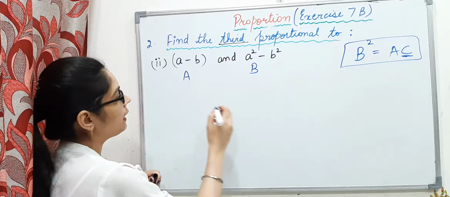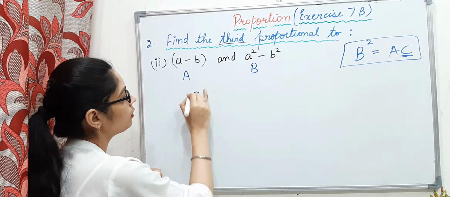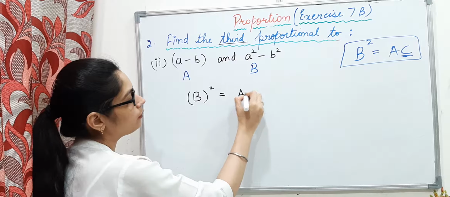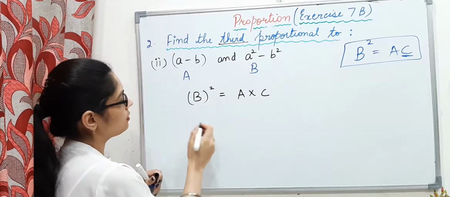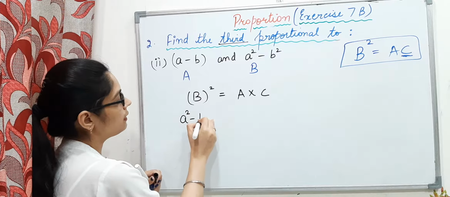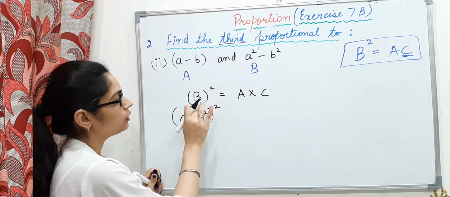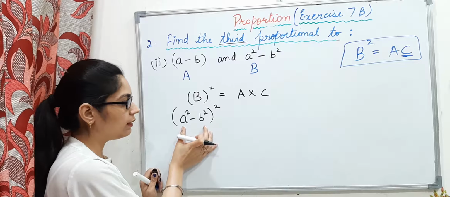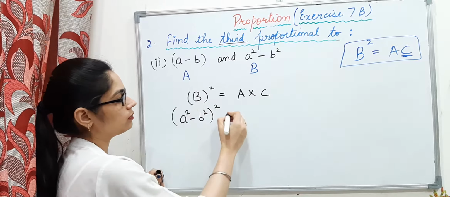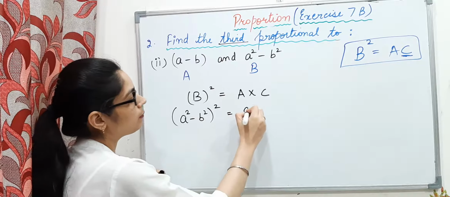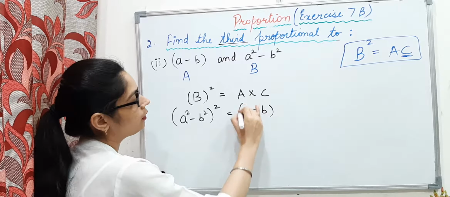So, I will apply this formula, B square is equal to A into C. B is a square minus b square, so its whole square, because in place of B I will write the value of B as it is in this whole square. A is a minus b, into C.